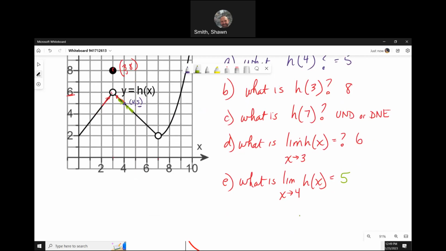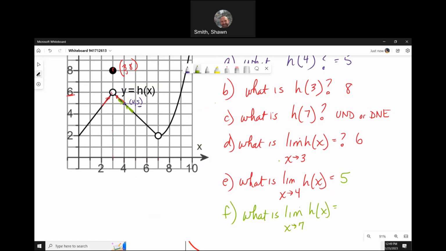And one last scenario we could look at. What is the limit as x approaches 7 of h of x?